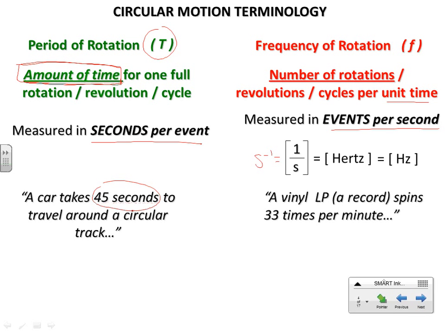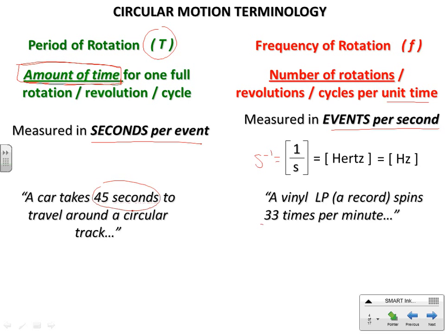All right, so here, notice, a vinyl LP spins 33 times per minute. This is a number of events per unit time. If we did this, 33 revolutions, well, revolutions isn't so much a unit, so we can just say it's 33 per minute.